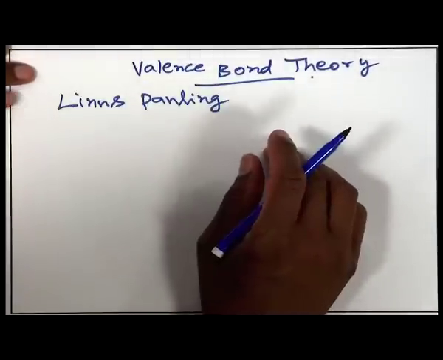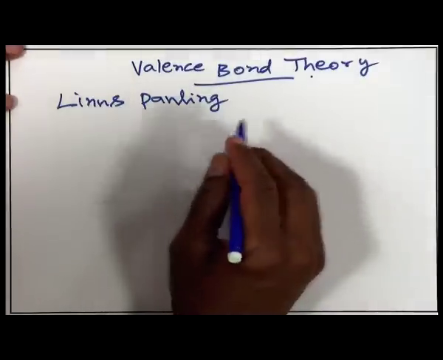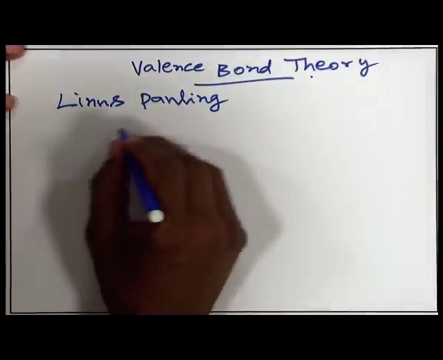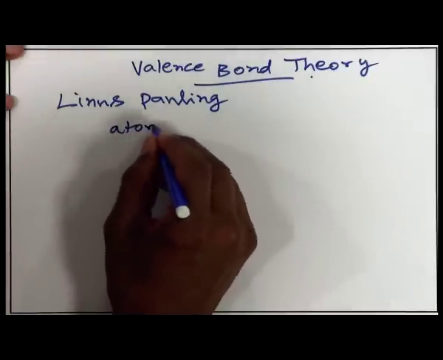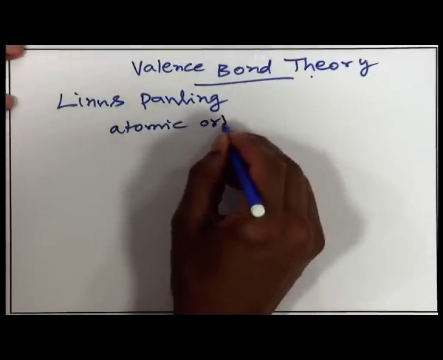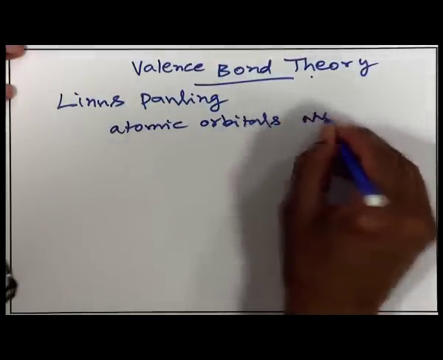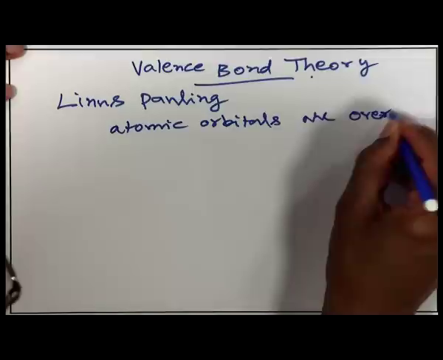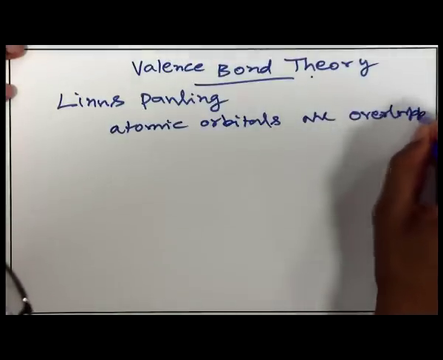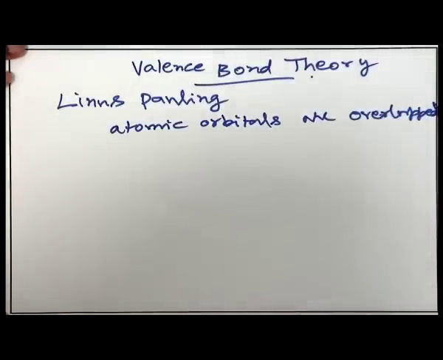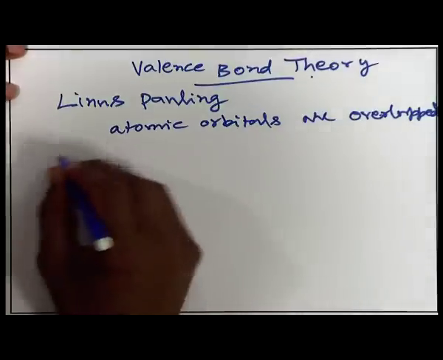Electrons are shared by overlap of the atomic orbitals. So, under this theory, atomic orbitals are overlapped and electrons are shared.